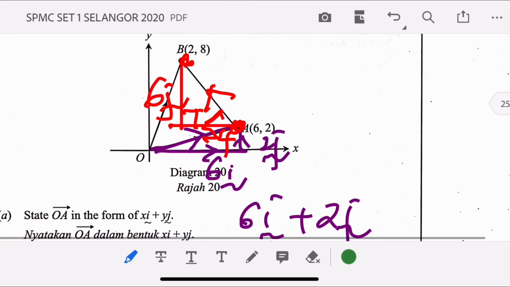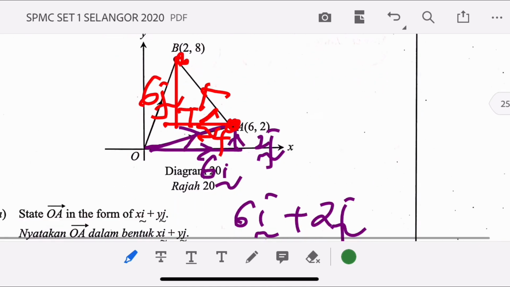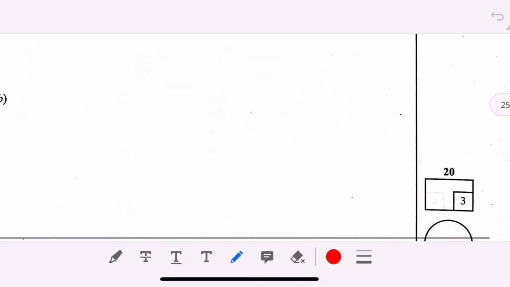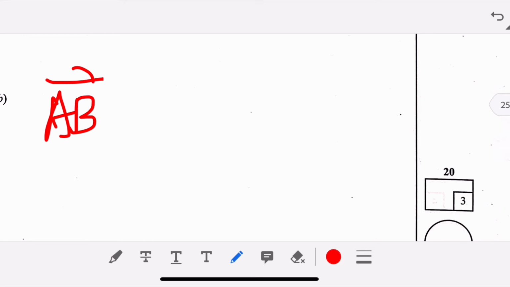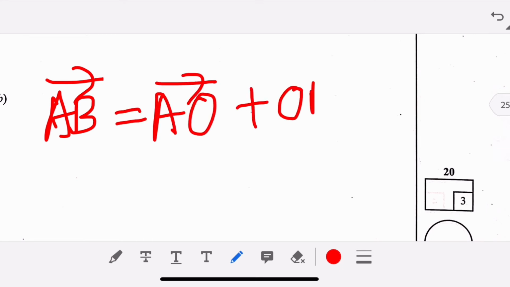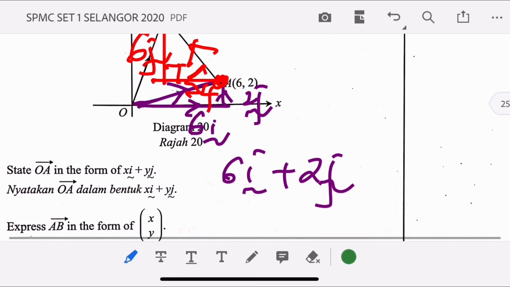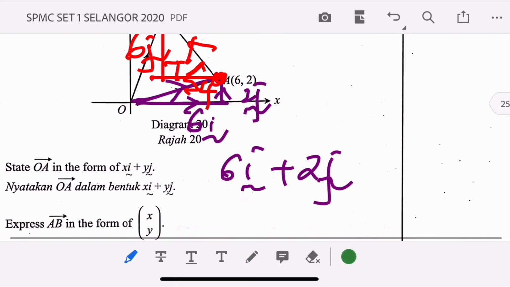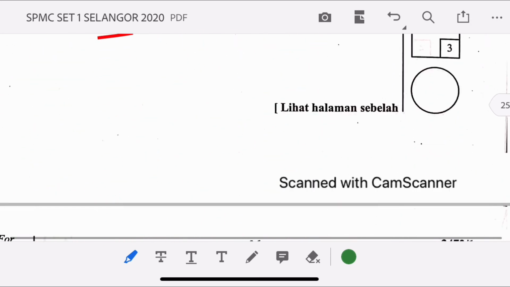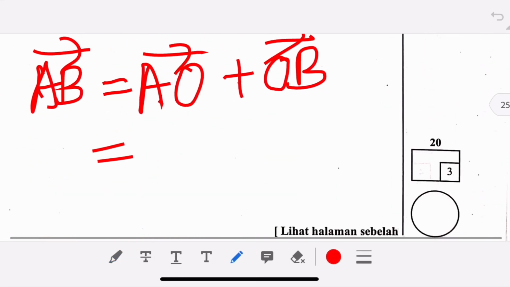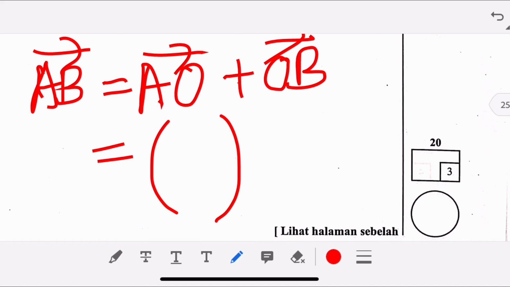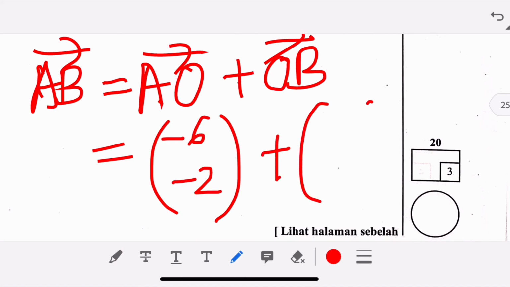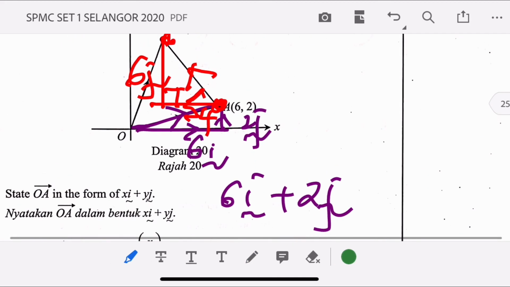Actually, there is another way to do it. You can use the triangle law, AB is equal to AO plus OB. So the AO is given by OA, which is 6, 2, so negative 6, negative 2, plus the OB, which is given the point 2, 8.